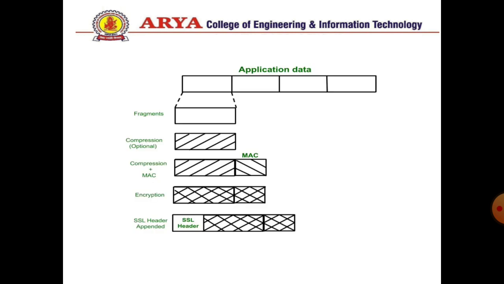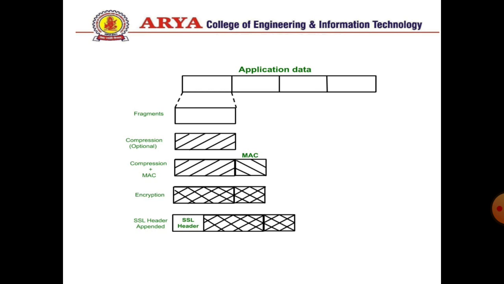First, the data which is coming from the application layer is divided into different fragments. Now on each fragment compression is applied, and this compression is optional.